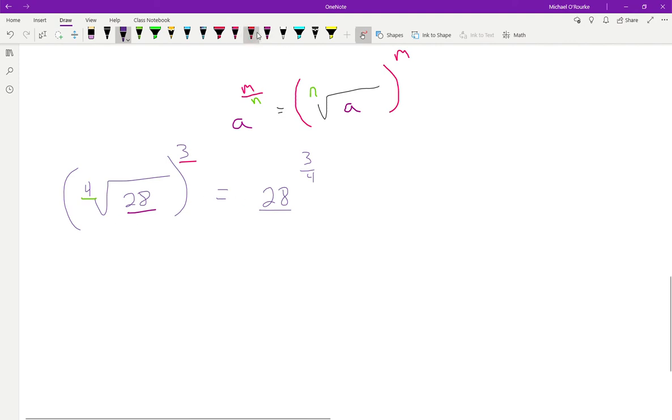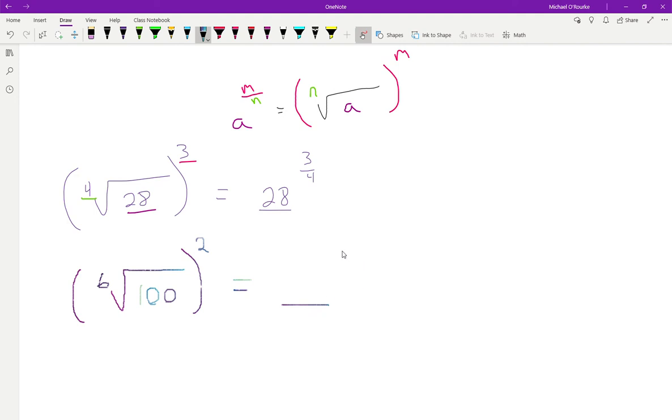Okay. Let's practice another one. We'll do galaxies. People like galaxy. So what's that going to be?